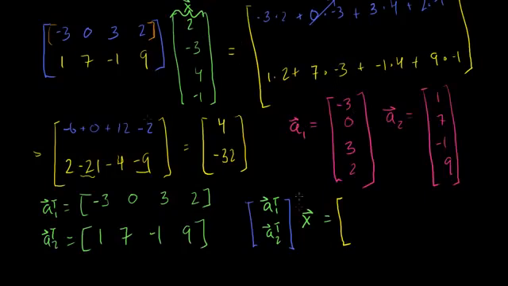And you know all about the dot products. The first row was A1 dot x. It's minus 3 times 2 plus 0 times minus 3 plus 3 times 4, right? It's A1 dot x. And this is useful because when I defined the dot product, I only defined it with column vectors like this.